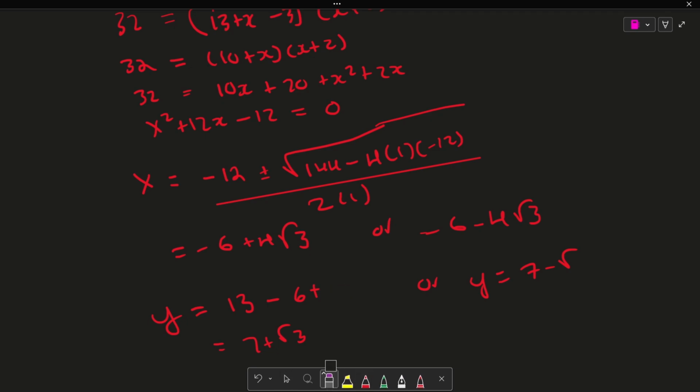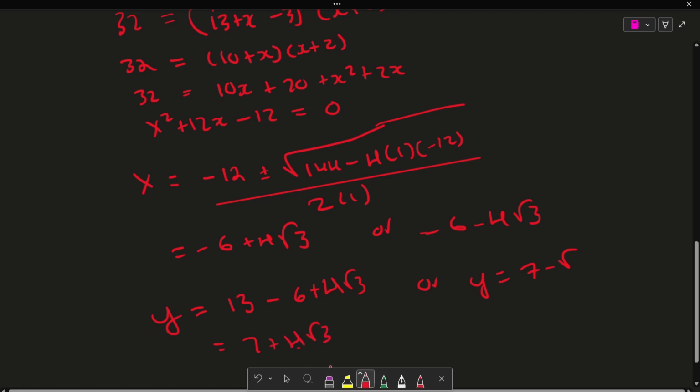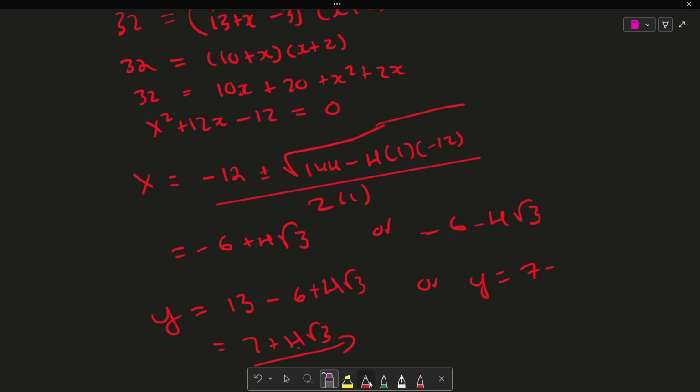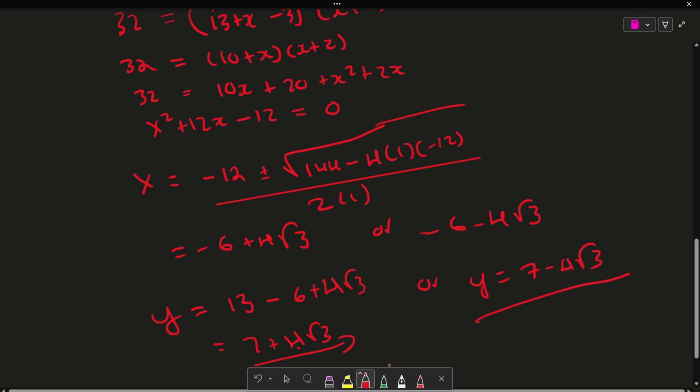Okay, I made a mistake here: it's supposed to be plus 4 root 3 as well. Yeah, so these are our answers.